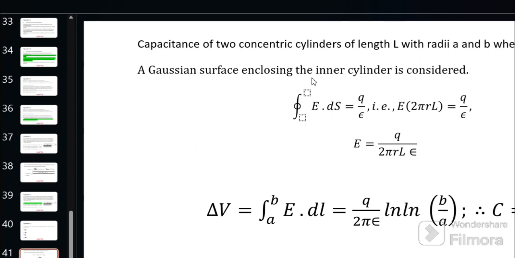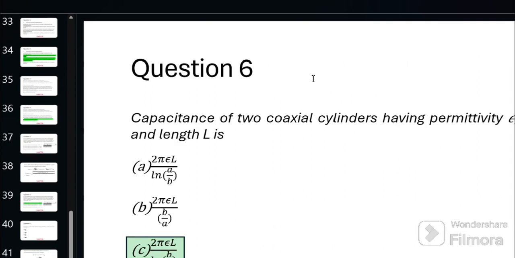Here we use Gauss law, then we integrate over the particular area. We substitute b and a and get the capacitance using this equation. So the answer is 2 pi epsilon L over ln b by a.